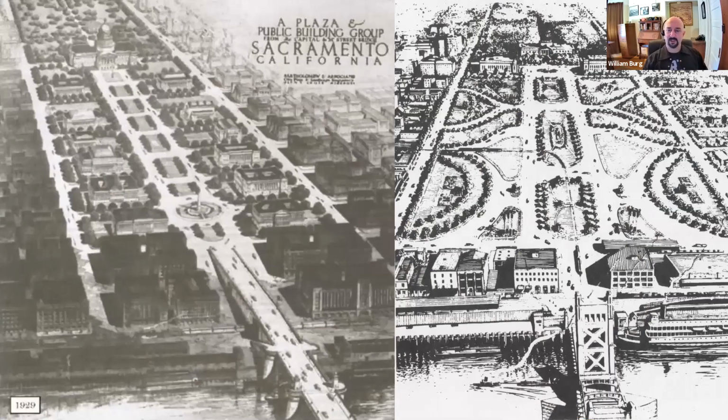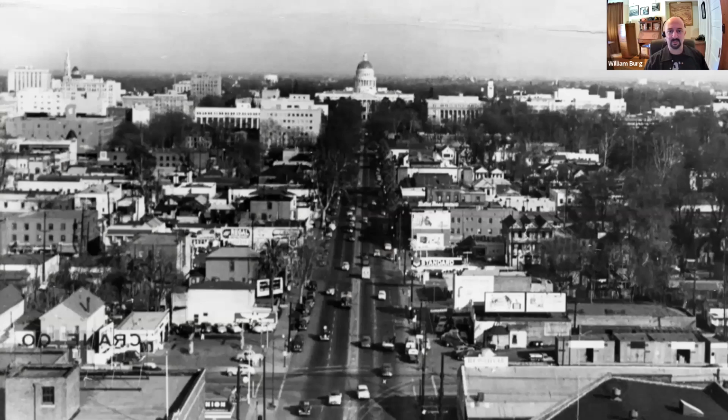Their vision for the area between the state capitol and the Sacramento River was for a grand entrance, a plaza and park with broad avenues and government buildings. Then here are two examples of those. The problem is, number one, there wasn't a way to pay for this kind of really extensive and very expensive redevelopment. Number two, as I mentioned, this was Sacramento's African American community, and it's a Latino community.